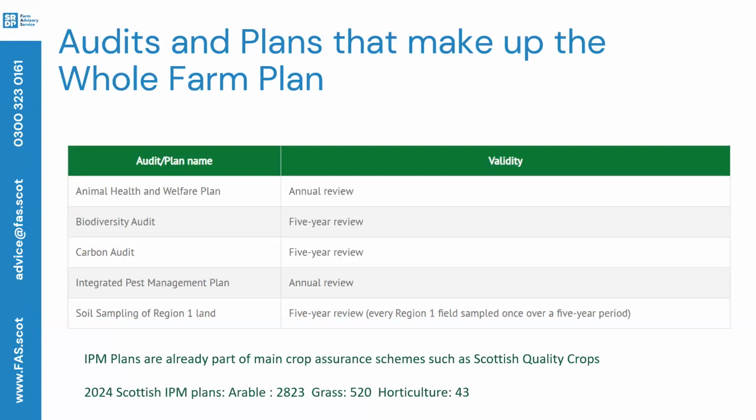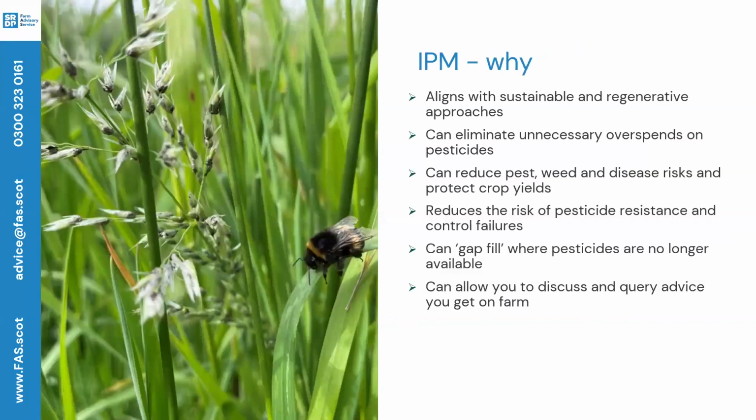At the bottom of that slide, nearly 3,000 people this year, 2024, have already completed an arable plan. And there are new plans now for grass and for horticulture. They're new introductions, so they're becoming options for a broader range of people. And like I said, I'm really keen that we think about the why.